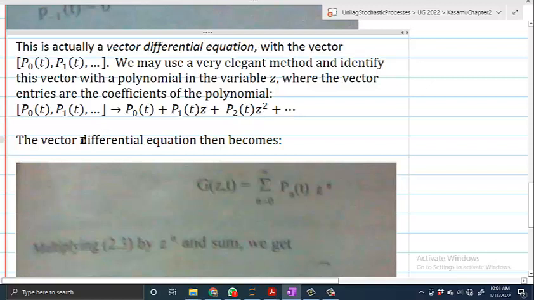So we can identify this vector p of t, p0 of t, p1 of t, and so on with this polynomial, p0 of t plus p1 of t times z plus p2 of t times z squared plus and so on. Now I could have used the variable x instead of the variable z. It really doesn't matter. I'm only following the notation of the book.